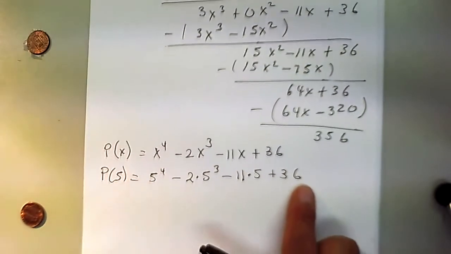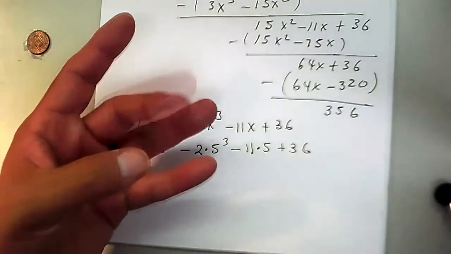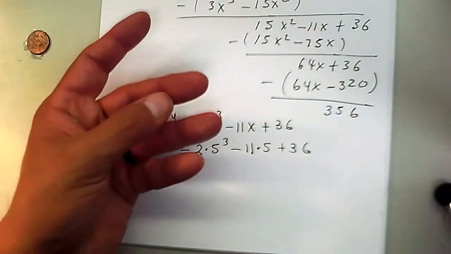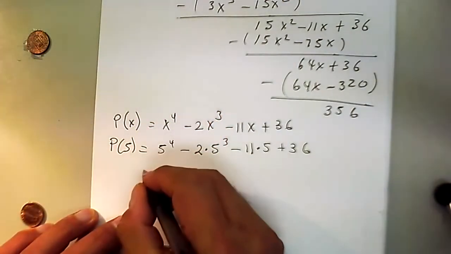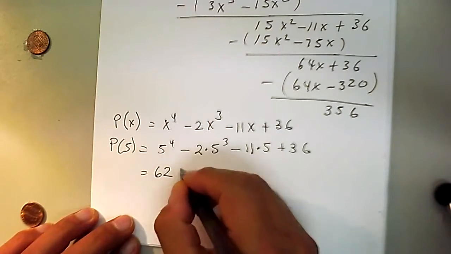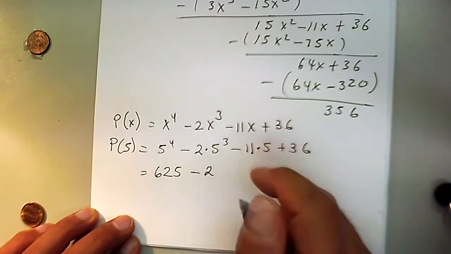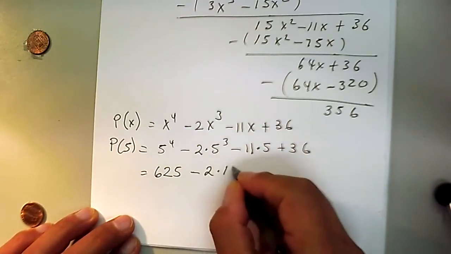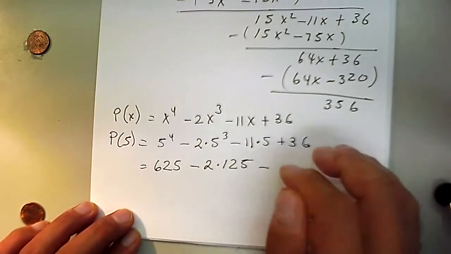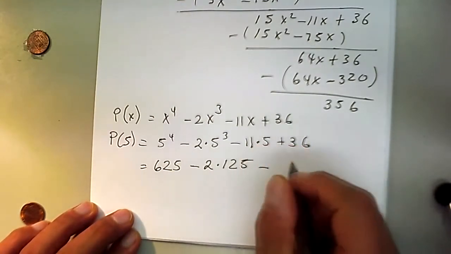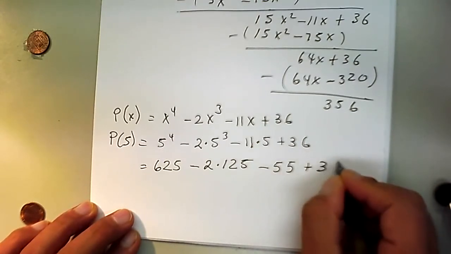That is just numbers. 5 to the 4 is 5 times 5, 25, times 5, 125, times 5 is 625. So that is 625 minus 2 times 5 cubed. But 5 cubed is 125. We're going to figure this out in the next step. Minus 11 times 5 is 55, plus 36.